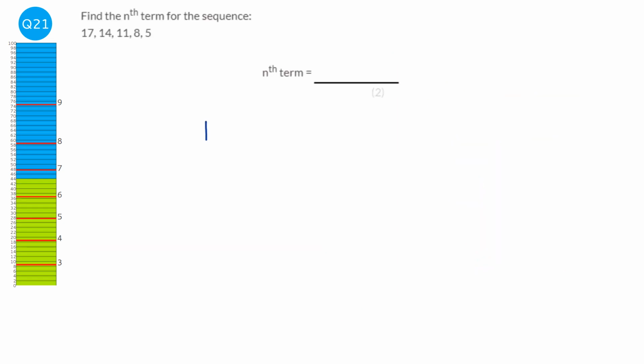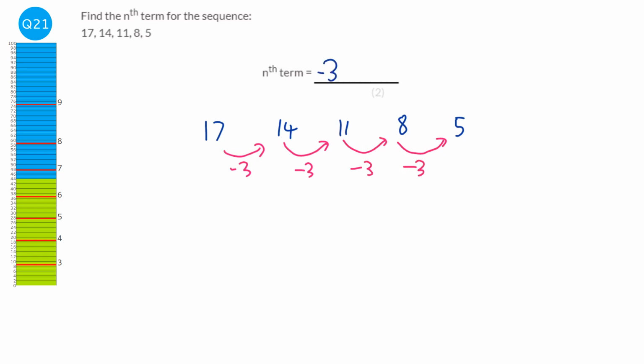So let's write these numbers out. The first thing to do is work out what the numbers are going up by. So they're going up by minus 3, because they're minusing 3 each time. So we know that the number before the n is going to be minus 3. Whatever they go up in is the number before the n.